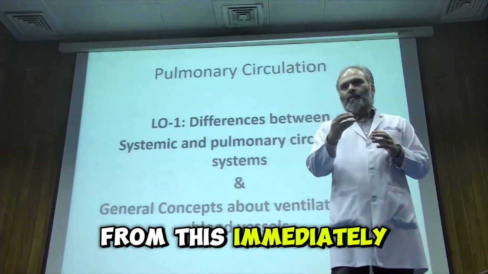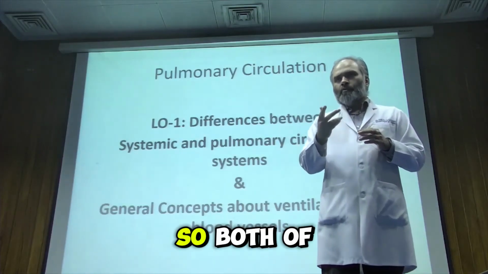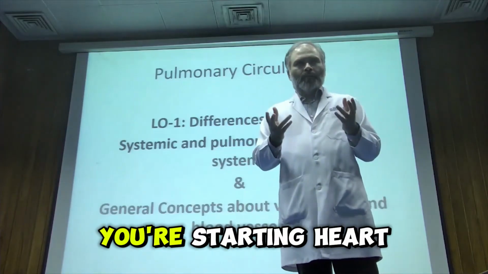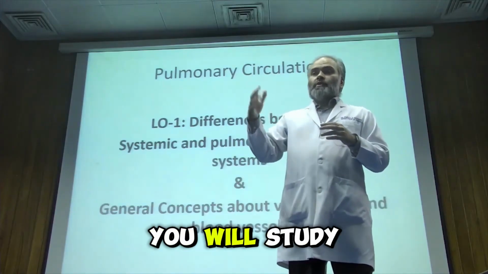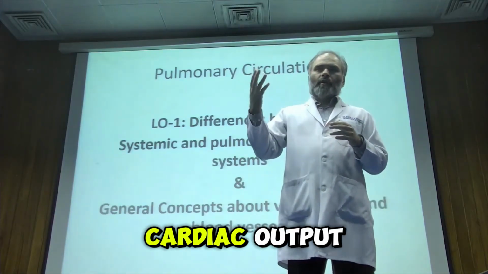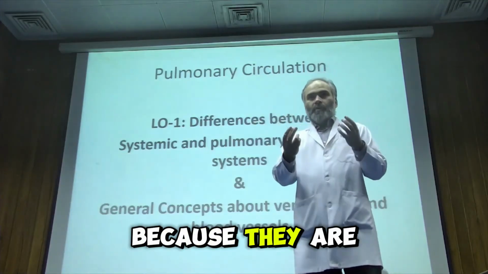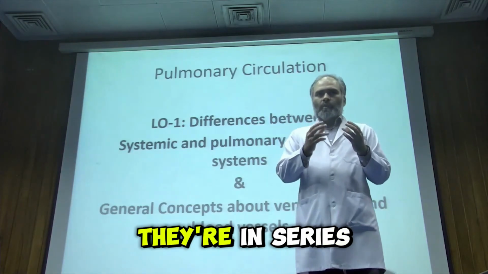From this, the perceptive student would immediately feel that both cardiac outputs are equal, and they are equal. You are studying the heart, so you will study cardiac output and how both ventricles have the same cardiac output because they are linked in series.